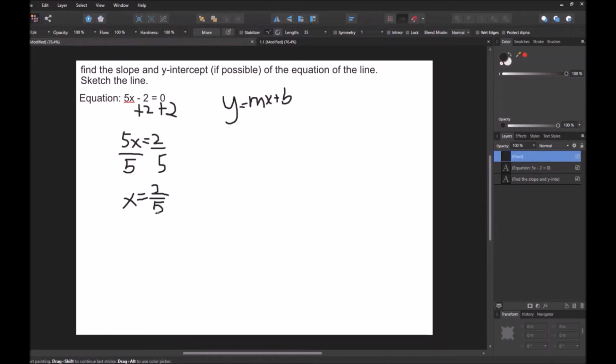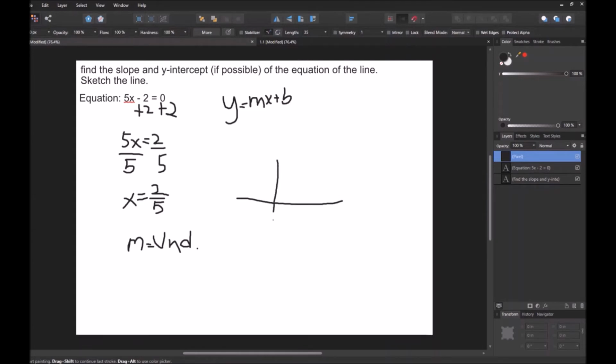So because of that, there's no slope, because it's going to look vertical, or the slope is going to be undefined. So we're going to write m equals UND for undefined. And in terms of the y-intercept, there is no y-intercept because every point will be where x is equal to 2/5.